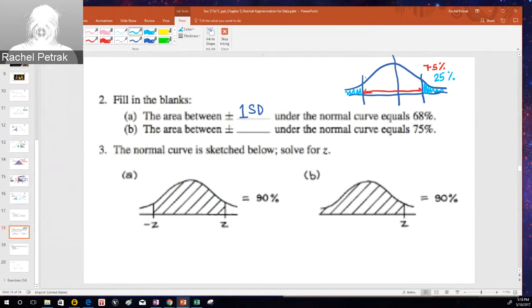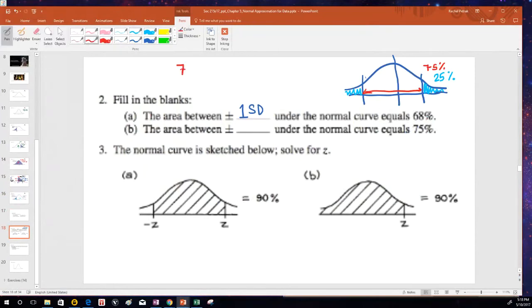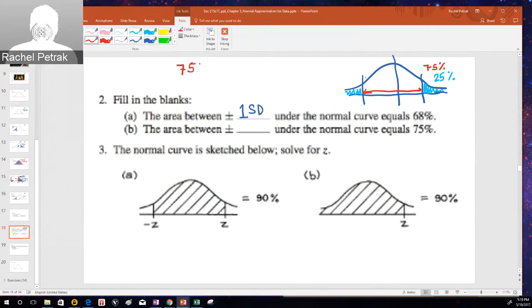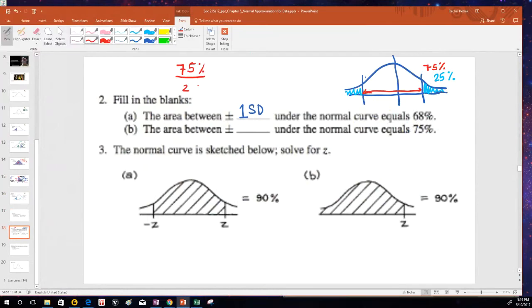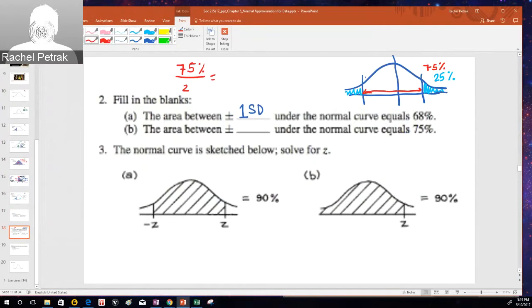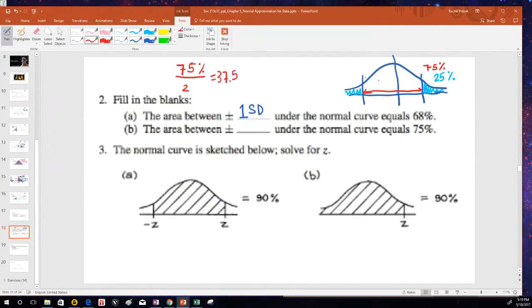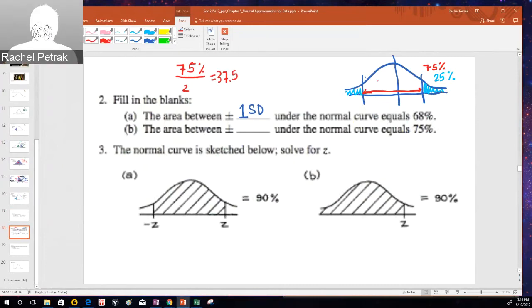So we can say 75% divided by 2, which is 37.5. And then find the mean to z equal to 37.5.